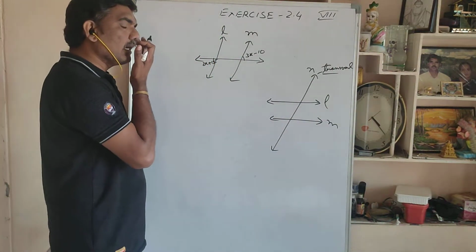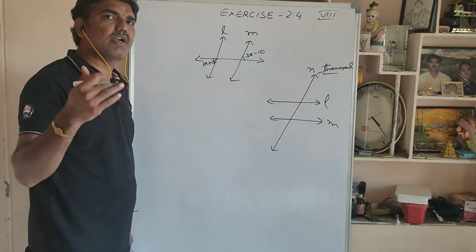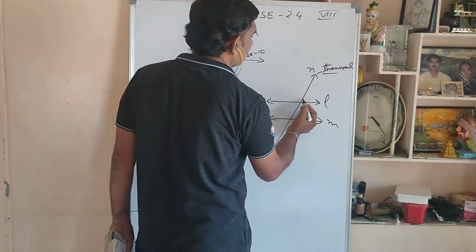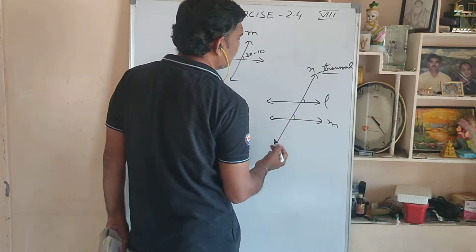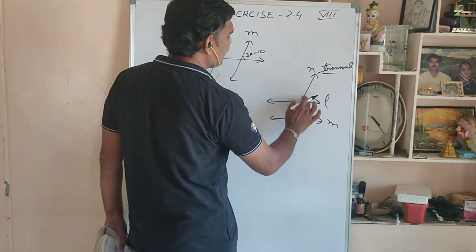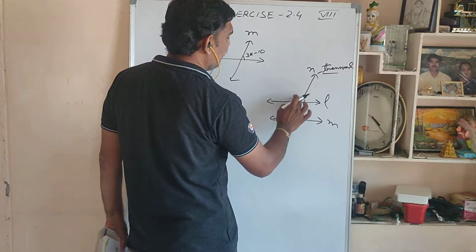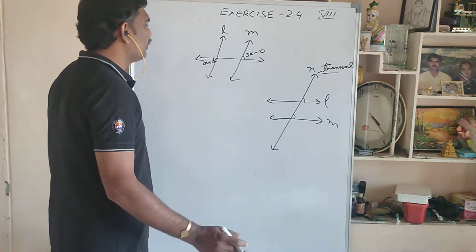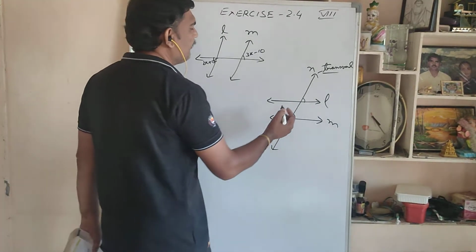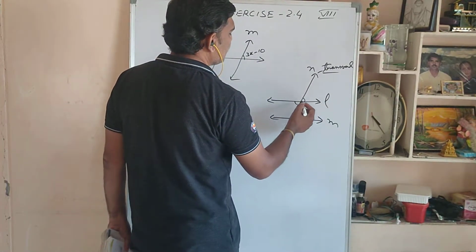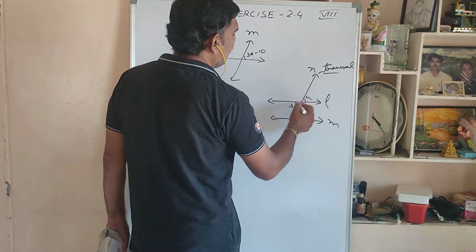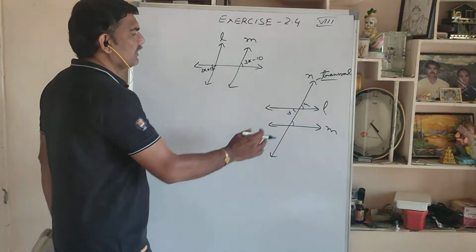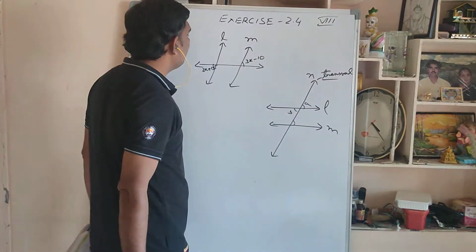Now we will come to the rules which you already learned. So they are alternate angles. See, these two angles are alternate angles. These two are also alternate. Like this, you should know about alternate angles. Then vertically opposite angles. So here A and B are called which angles? Vertically opposite angles. These vertically opposite angles will also be equal.